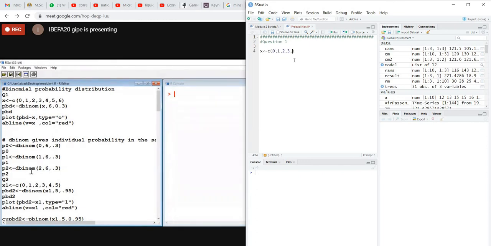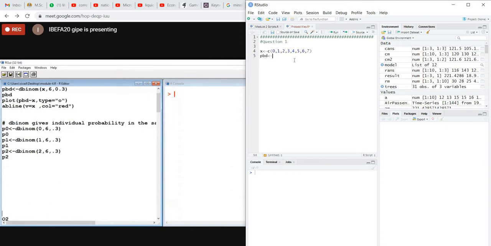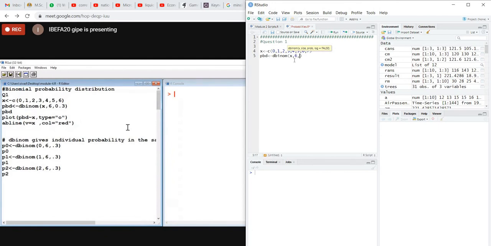I'm using binomial distribution. Question number 1. X takes the value 0, 1, 2, 3, 4, 5, 6 possible in the sample.